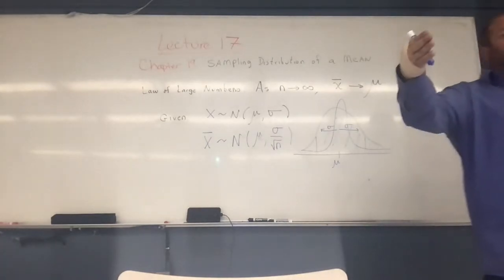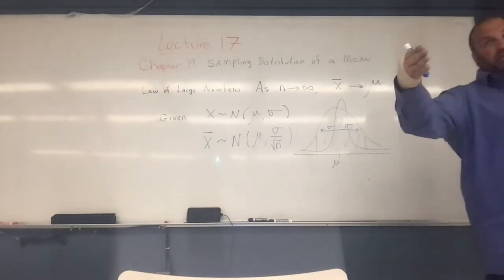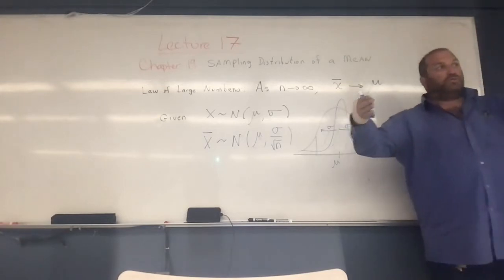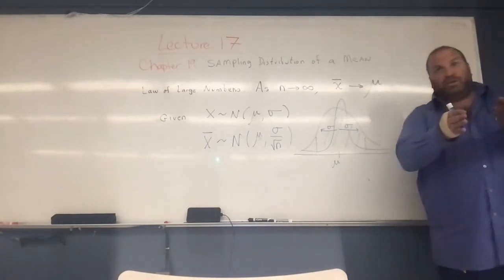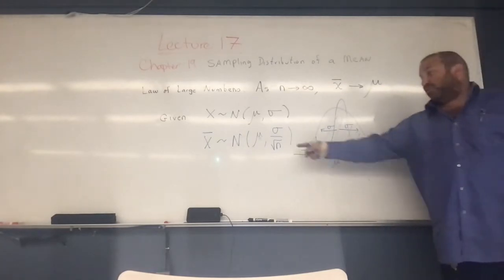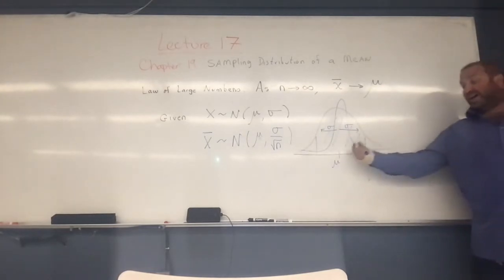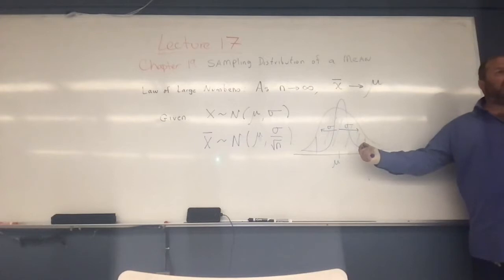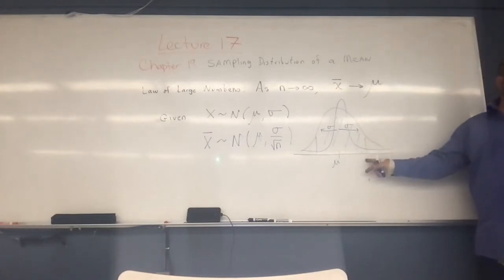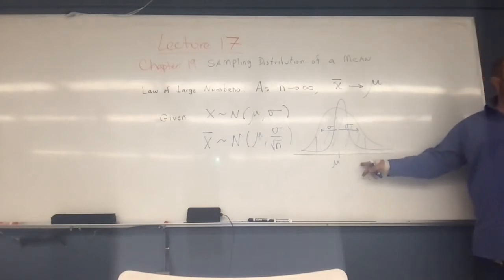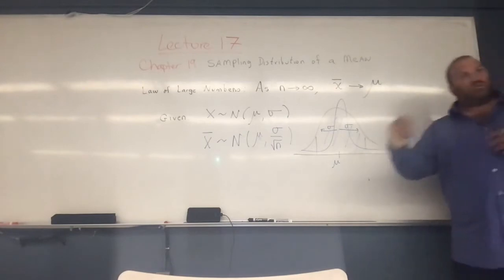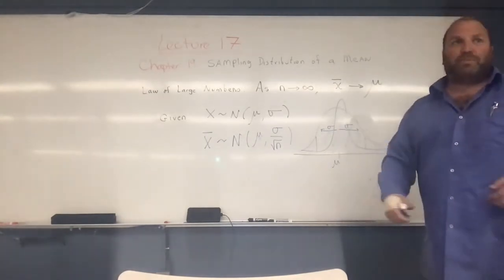So if the original sigma was, let's say, 3 inches, then if I do 4 at a time and average them, that sigma will be 1.5 inches. So by raising the sample size, we lower the spread, we tighten our curve, and as a result, an event here, which might have been somewhat likely for 1 at a time, becomes unlikely for 4 at a time, or 10 at a time, or 100 at a time, and so on.